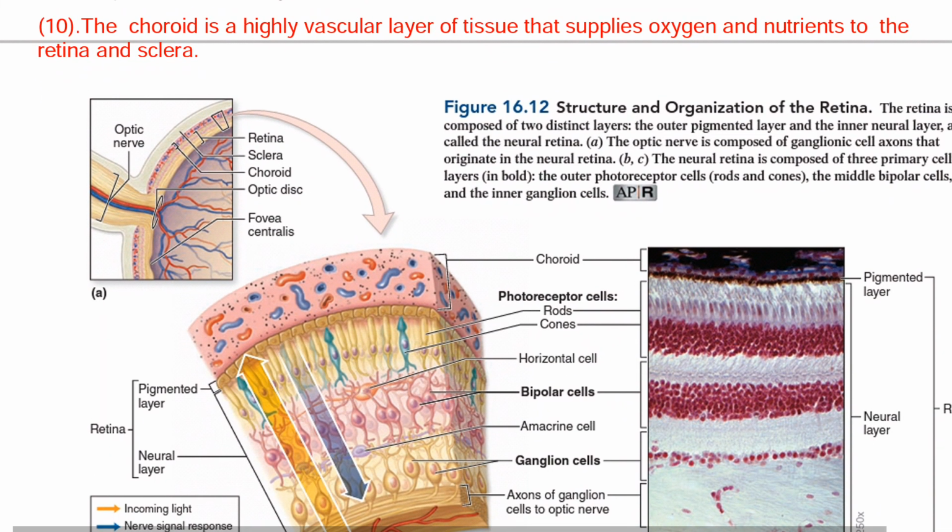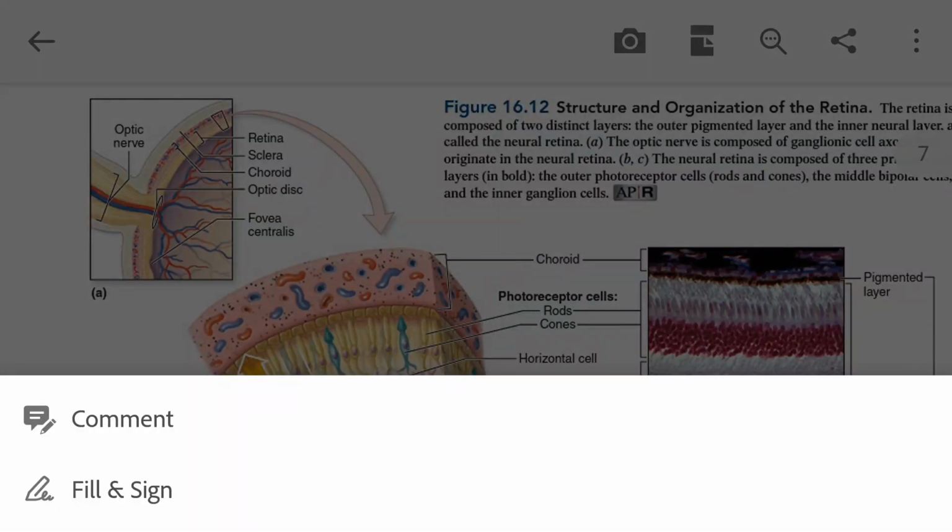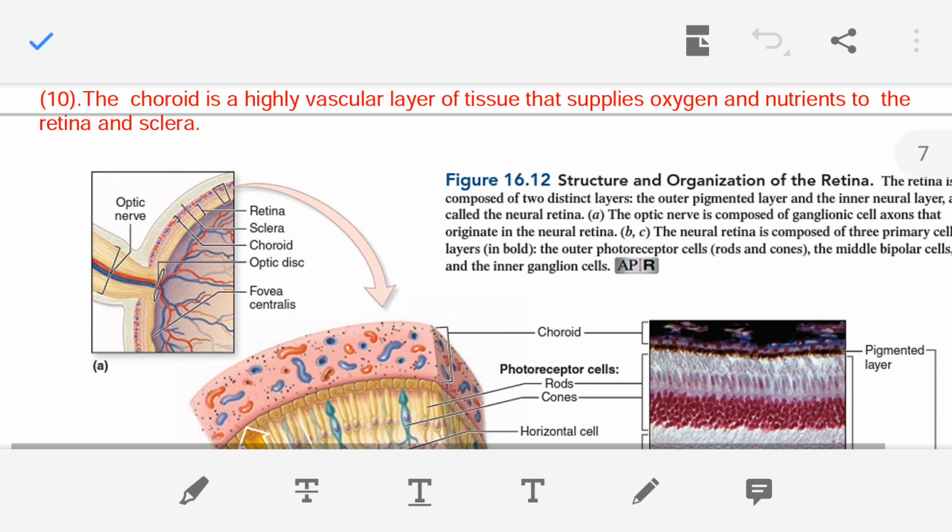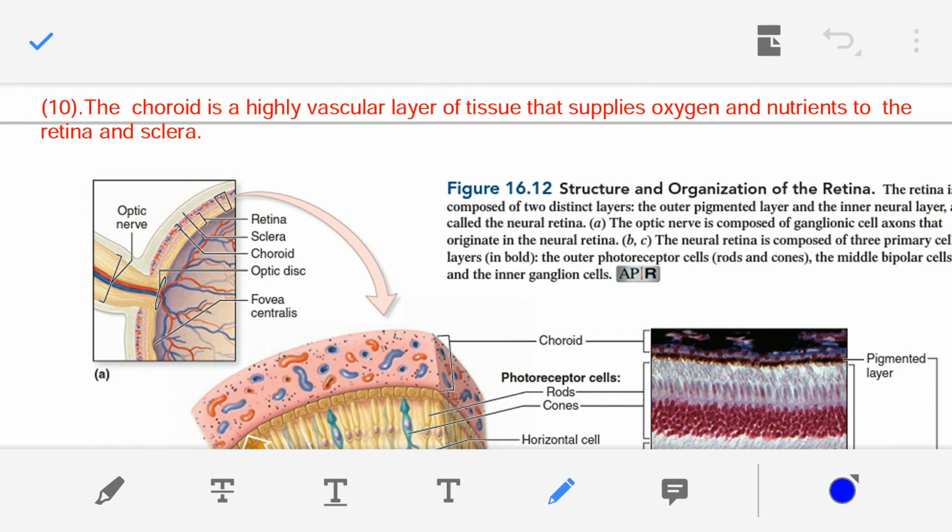So what is the choroid? The choroid is a highly vascular layer. That means, as you can see, inside there are so many blood vessels, arteries and veins. Arteries are shown in red color and veins in blue, and we are looking at the cross section.